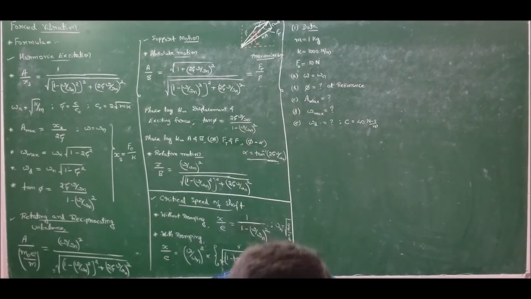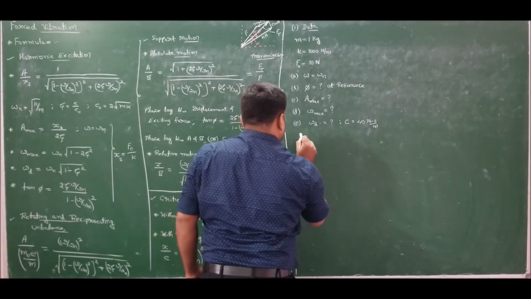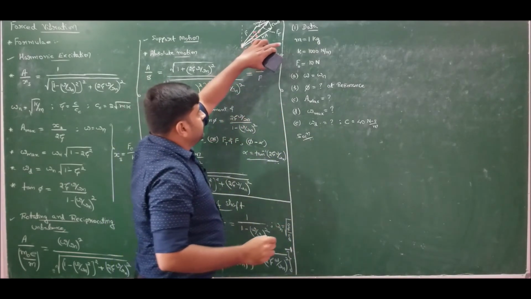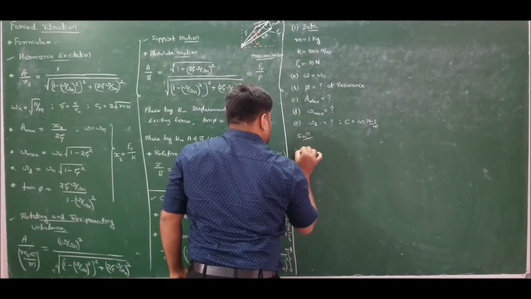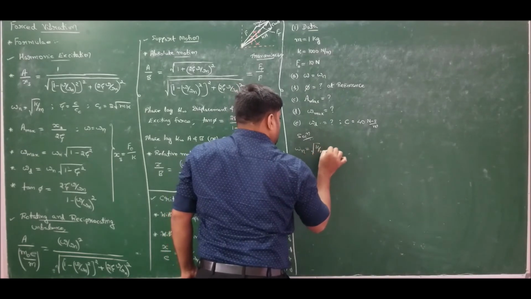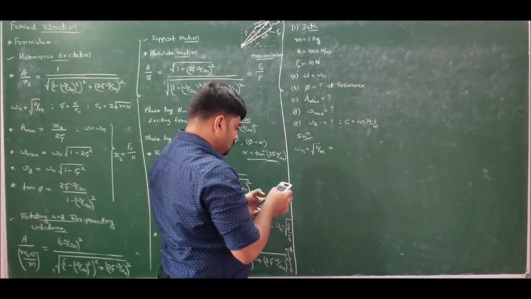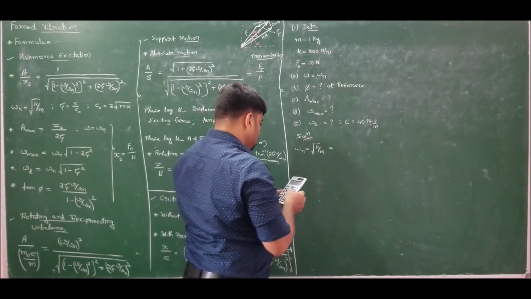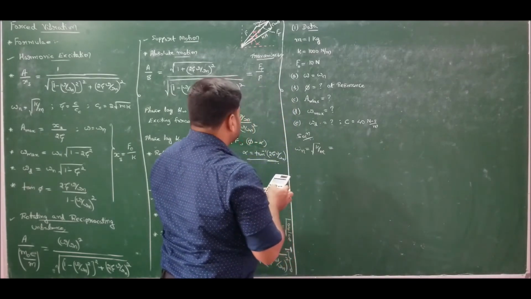Let us solve this problem. For the solution of our problem number 1, we know mass, we know stiffness. So therefore I can find natural frequency omega n, which is equal to root of k by m, which is equal to square root of 1000 by 1.